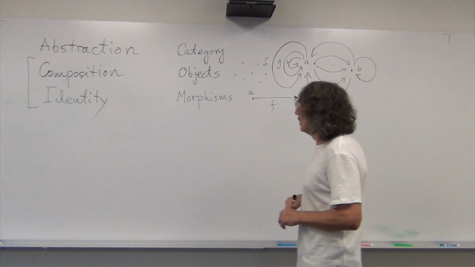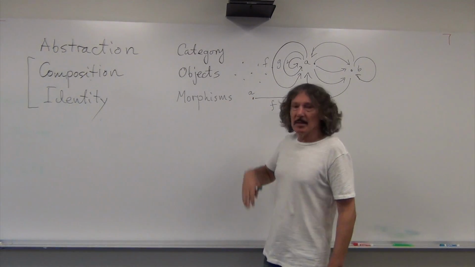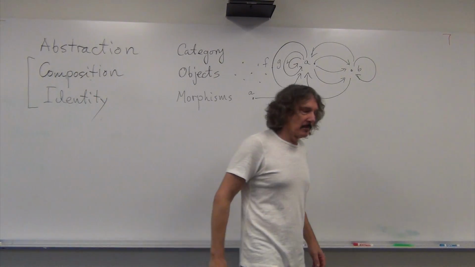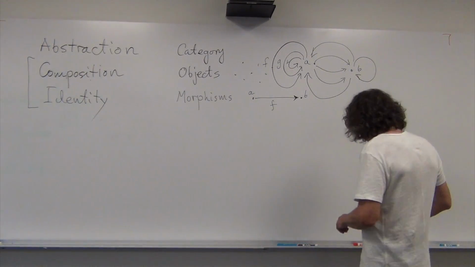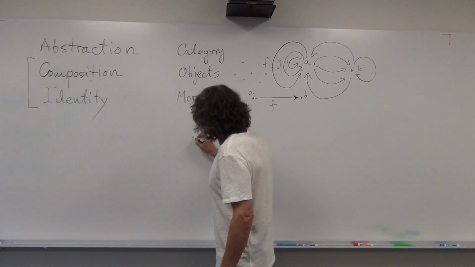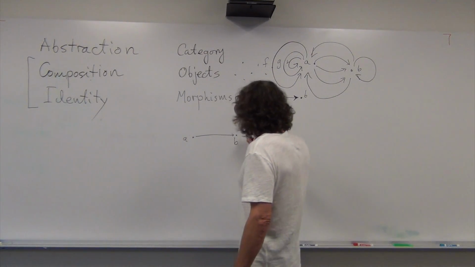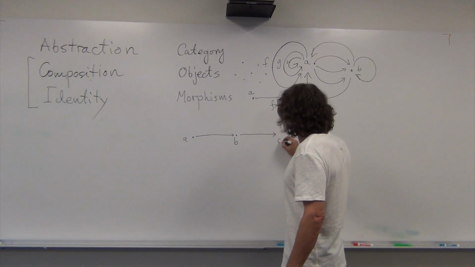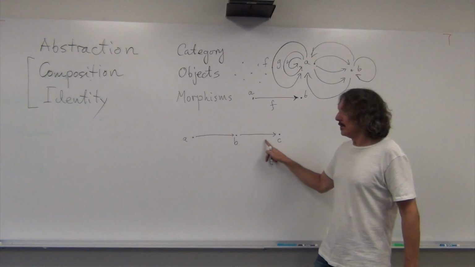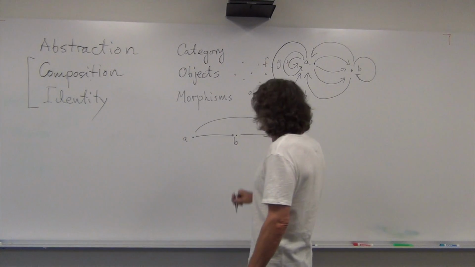Now that's not all, because that just tells us about what are the elements of a category. We haven't talked about these two things. Composition. So composition is a very simple property: if you have an arrow from A to B, and you have another arrow from B to C, so you have object A, object B, and object C, and you have these two arrows, then there always must exist an arrow that's a composition of these.